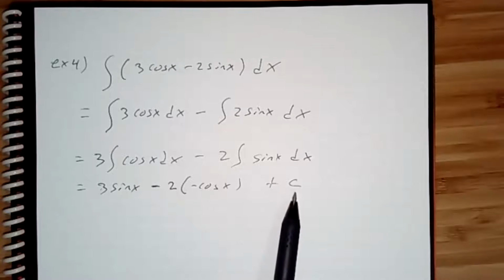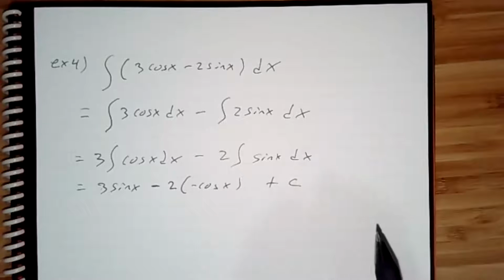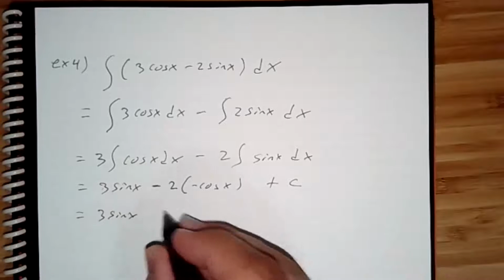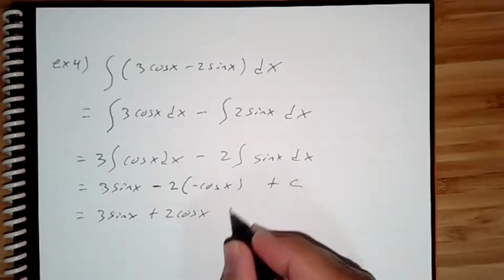I can let C equal C1 plus C2. So you see how it doesn't matter. Because C is some number. So if I add two numbers that are some number, it's just some other number. Who cares? That's why I don't bother writing it until the end. But it's not incorrect. So negative times negative, right? There we go.